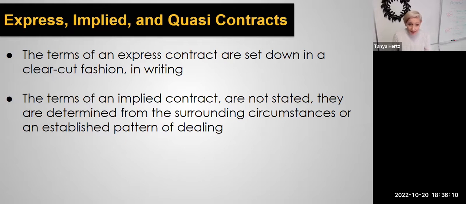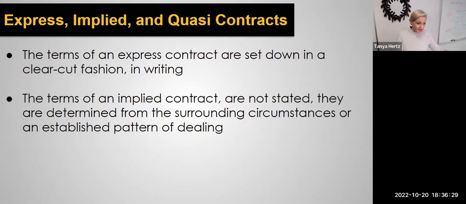An implied contract, however, also can be enforceable depending on the nature of what you are trying to enforce. An implied contract just means that it's not expressly written out, that it's implied, and the terms are not clearly stated, but they're determined based on the surrounding circumstances, or based on an established pattern of dealing.